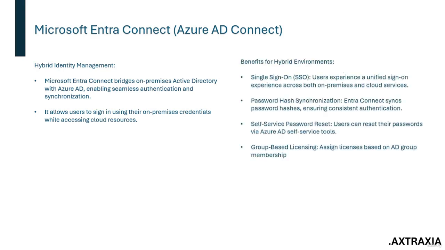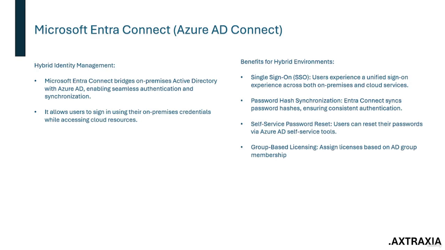The benefit of having this kind of hybrid environment is that users can now sign in to different cloud services using the same email address and password. They don't necessarily have to create different email addresses and passwords for various services. This is the concept called single sign-on, where the user experiences a unified sign-on experience across both on-premises and cloud services.